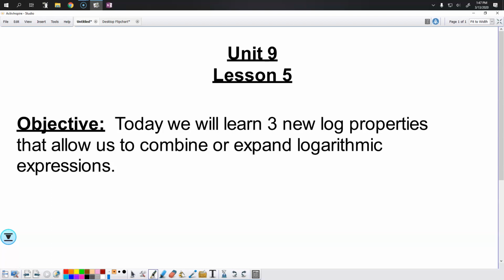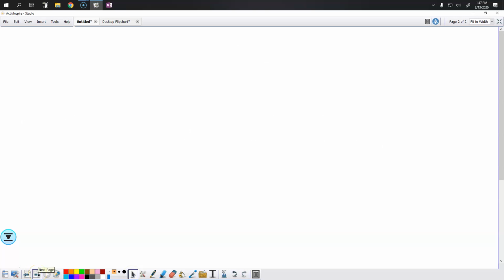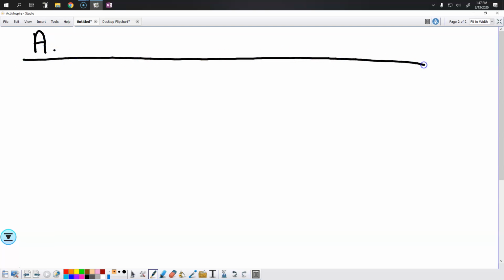That usually doesn't have much of an application other than just helping you get used to the properties. But where we can crunch it down, that actually helps later on when we get to solving equations and stuff. So that's what we'll be doing. All right, let's go ahead and begin here. So part A, log properties.